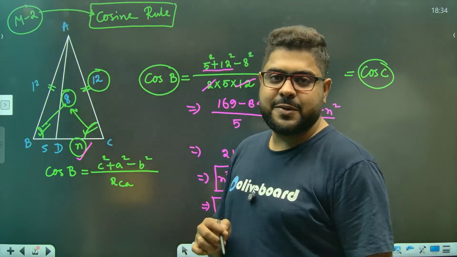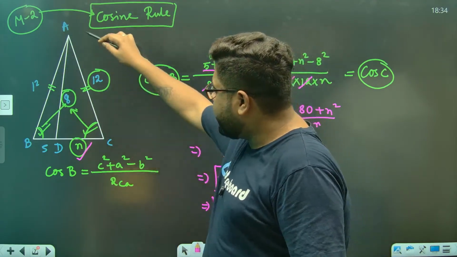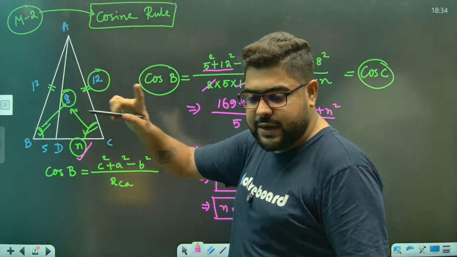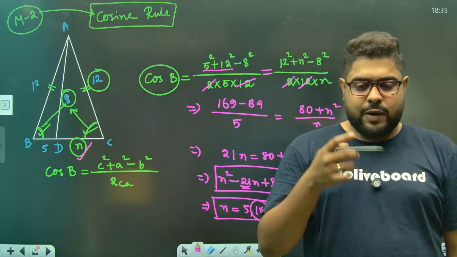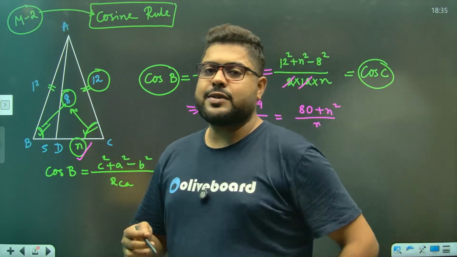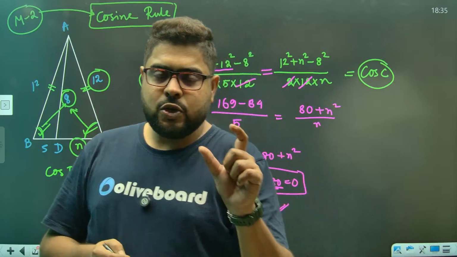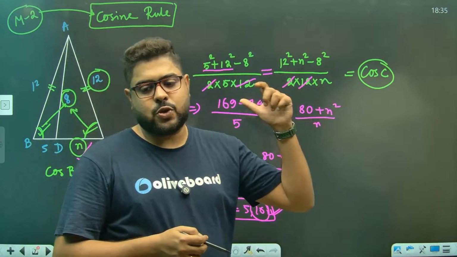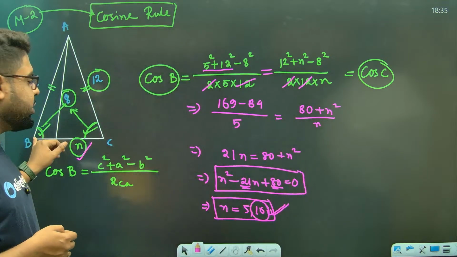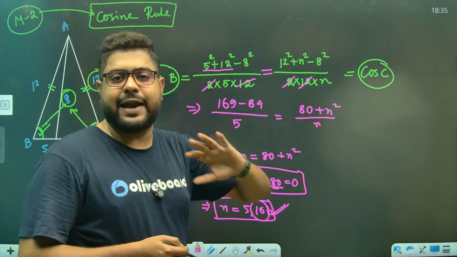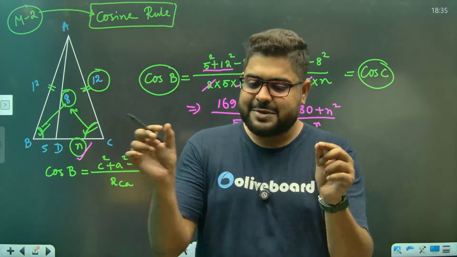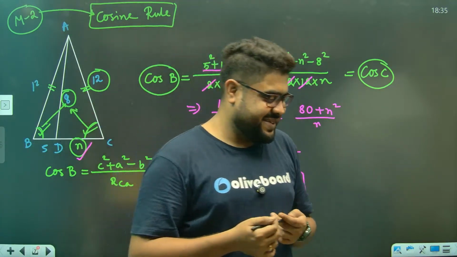You can use cos C for this side and this side, so there you will get n. You have to make sure to take the cosine where you need the value of n. Cos B from both sides, neither of them will have n, so in the end it will become a 1 equal to 1 equation.